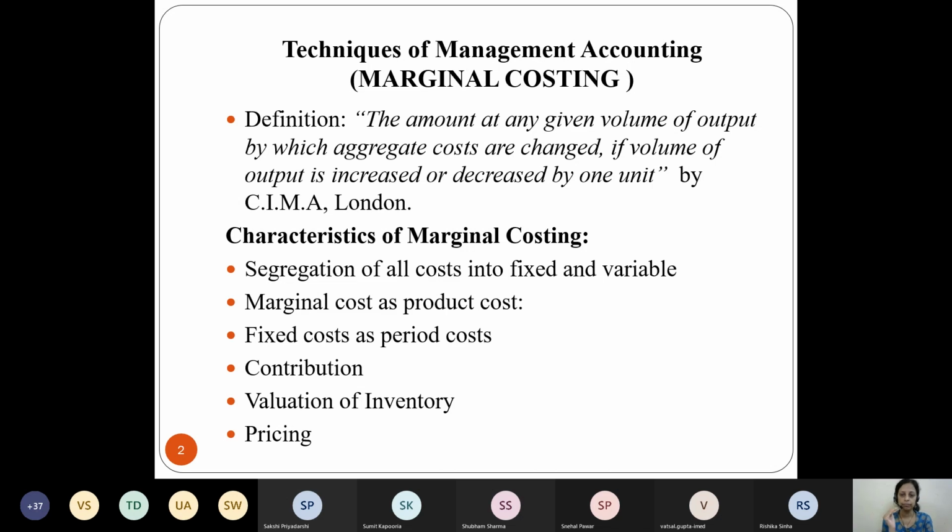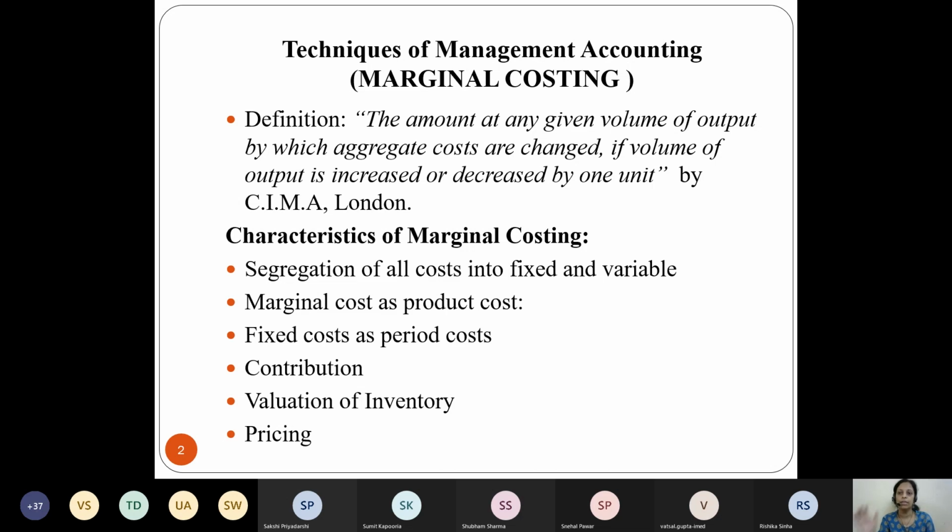In the same way, the contribution of the product to the profit of the organization is calculated. It is called contribution, and it is a very important part of marginal costing. What is the contribution per unit of product? This is the new concept. And how to calculate contribution?